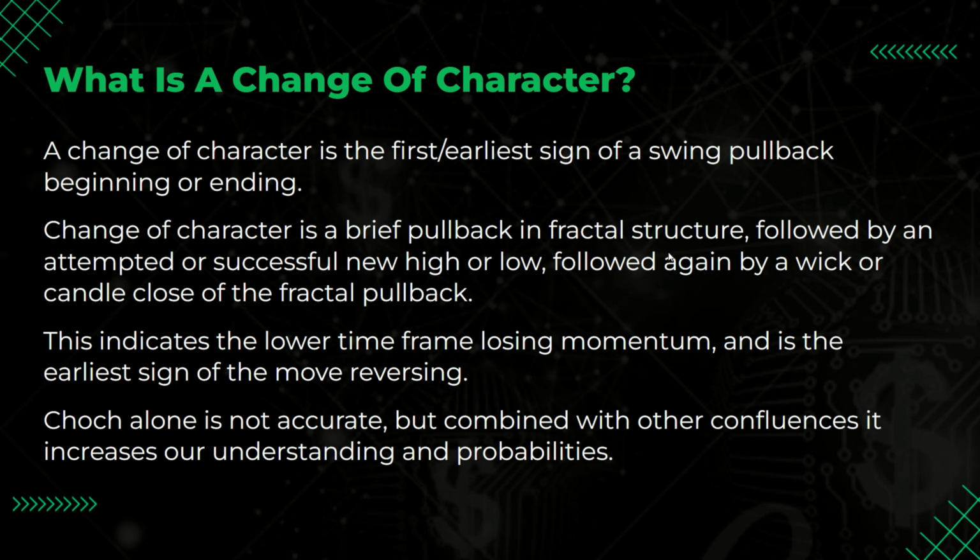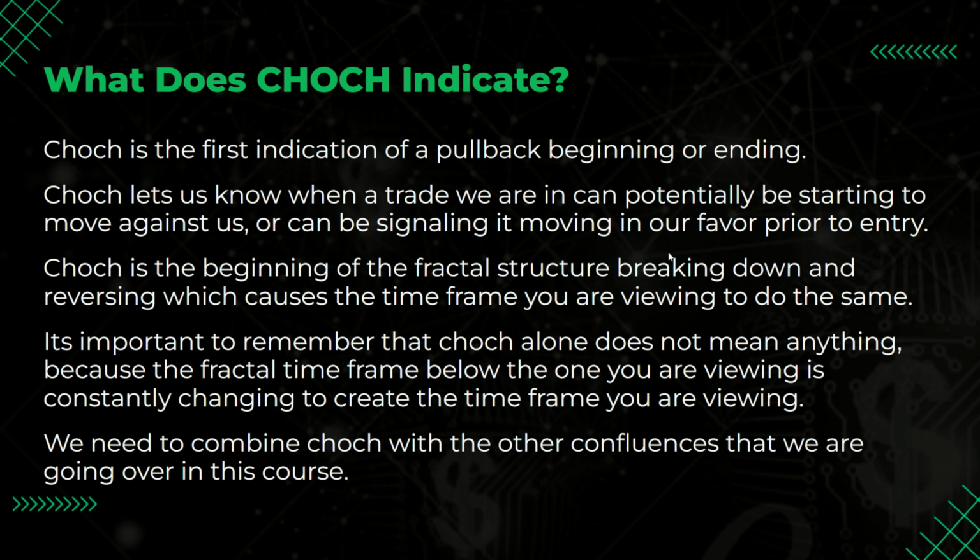This indicates the lower time frame losing momentum and is the earliest sign of the trend reversing. Change of character alone is not accurate, but combined with other confluences, it increases our understanding and probabilities of what smart money is doing at that point in time in the marketplace.